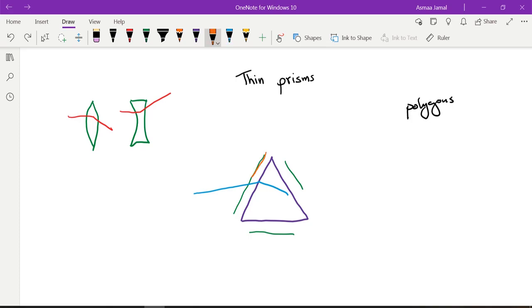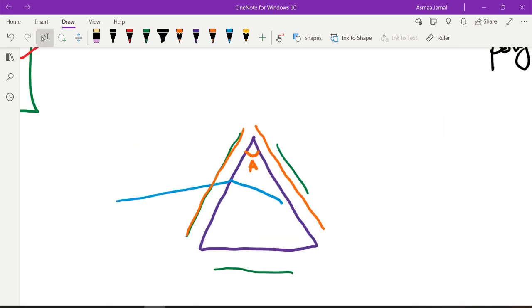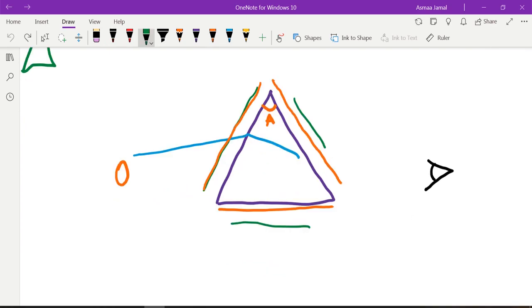Those flat surfaces of the prism are angled in all ophthalmic prisms, and they meet at this angle. Let's call it A. For this prism and all ophthalmic prisms, light rays are deviated toward the base of the prism. If we have the object here, when you take a look at that object through the prism, you will not see it in its real position.